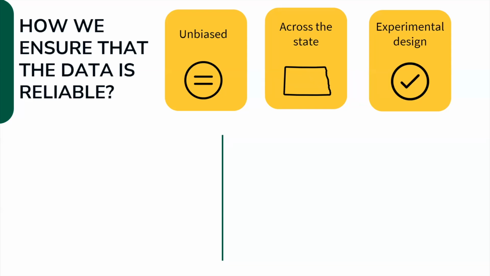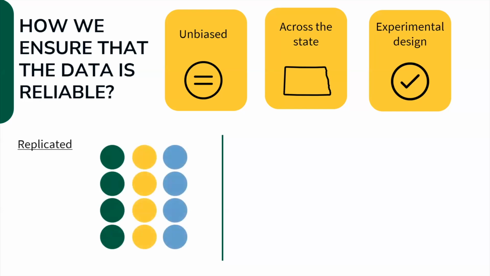So there are basically 2 concepts when we're talking about the experimental design that have to be followed, and one is replication. In this case, this is just a diagram saying, okay, we have 3 different treatments, the 3 different colors, and it could be 3 different varieties that we are testing. The important thing is that we don't have only one observation of each treatment or each variety.